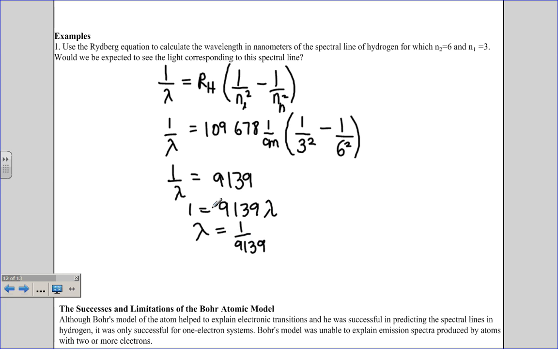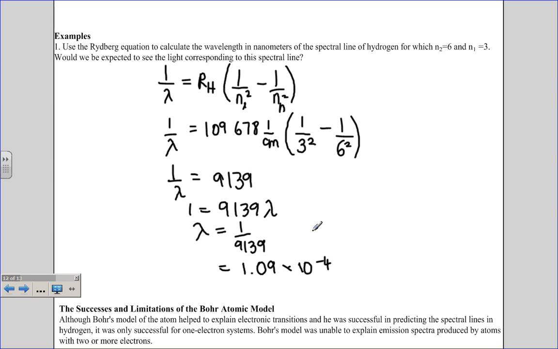Okay, so when you have a relationship like this, 1 over lambda is equal to 9139, to solve for whatever's on the bottom, we need to just take the reciprocal of this, or 1 over this value. And the value that I get is 1.09 times 10 to the negative 4.